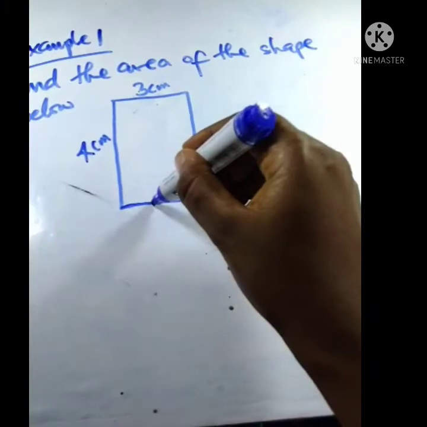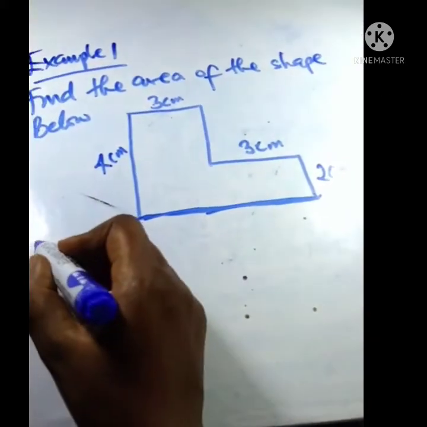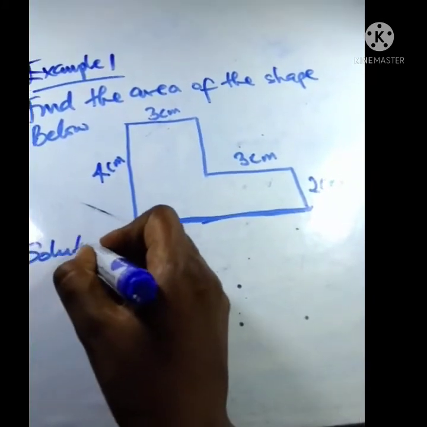So this is a square, a straight line. So solution, how do we solve this?